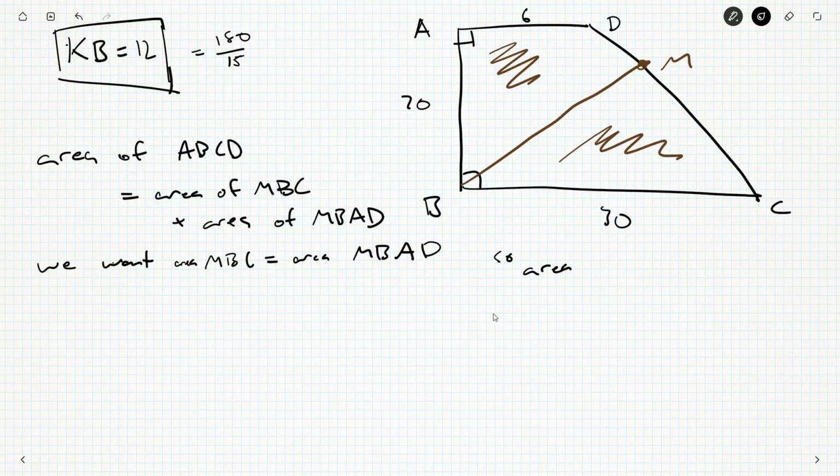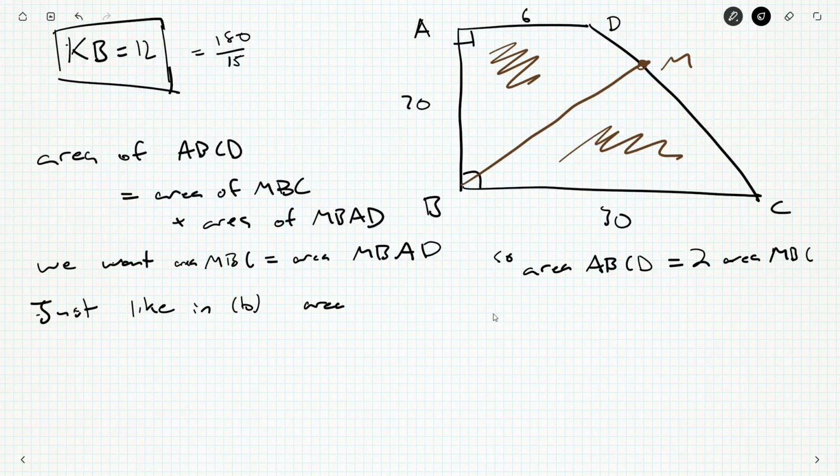So, plugging that into our equation, the area of ABCD is twice the area of MBC. So, just like in part B, area of MBC is 1/2 area of ABCD, which we know from A is 360. So it's once again going to be 180.